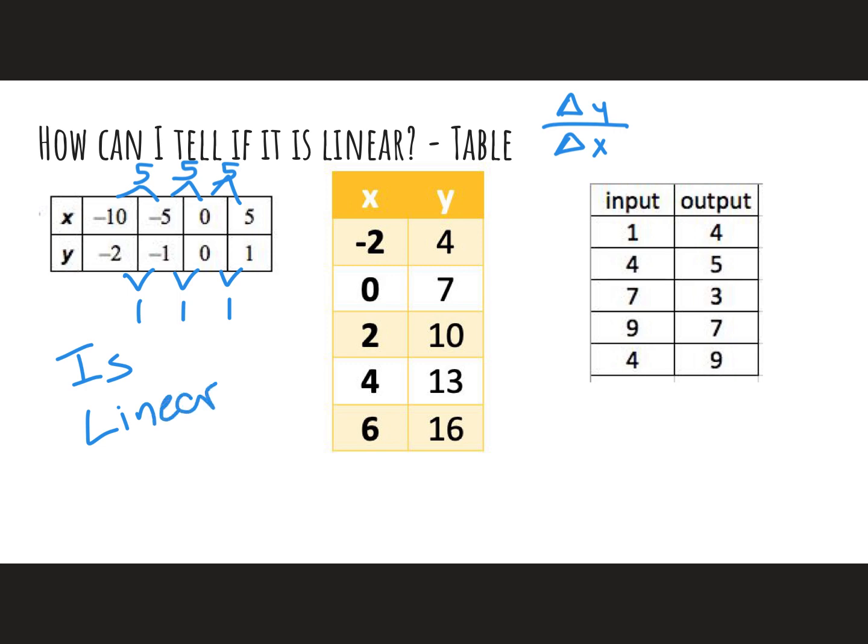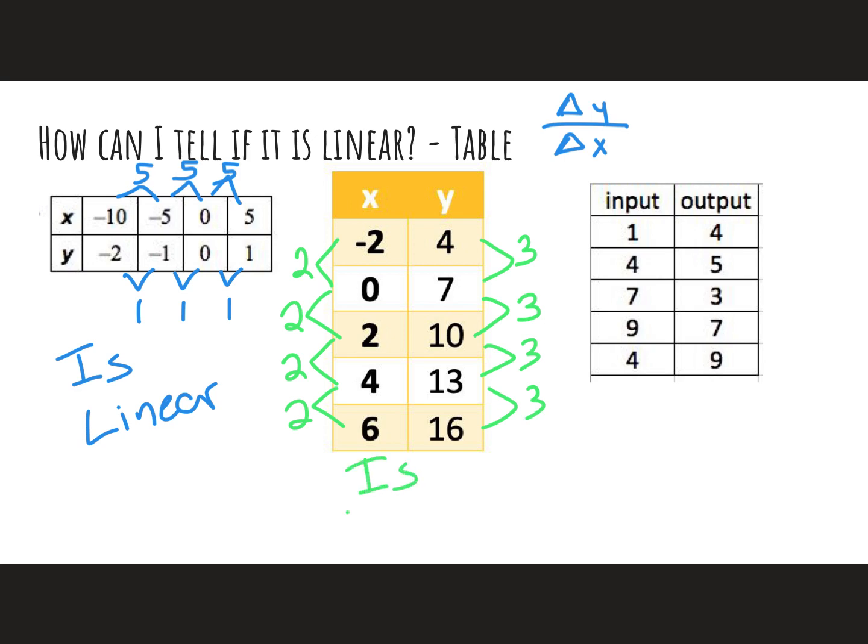Well, what about this next one? Here I see I'm increasing by 2, increasing by 2, increasing by 2, increasing by 2. Over here I'm increasing by 3, by 3, by 3, by 3. So this one is linear. Finally, what about this last one over here?